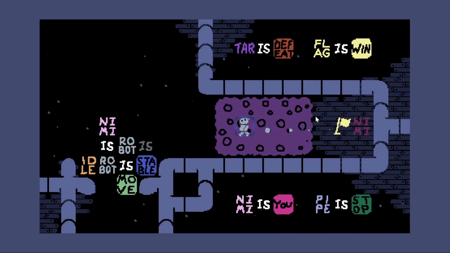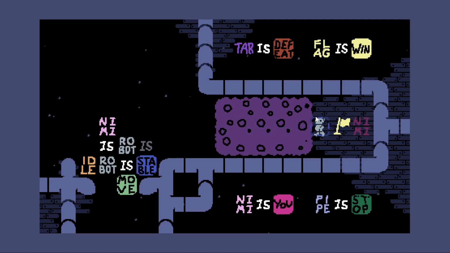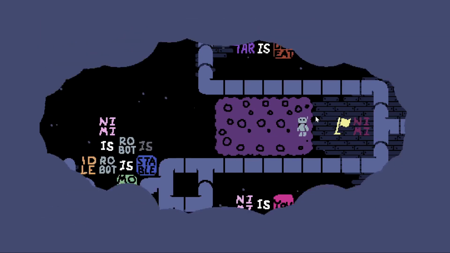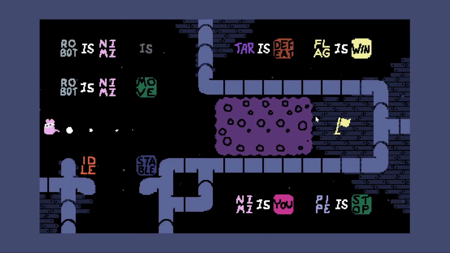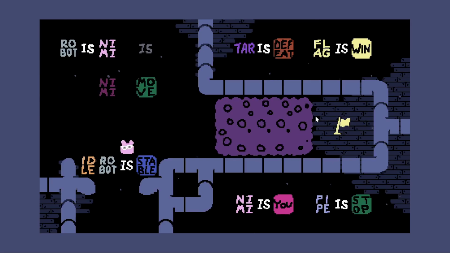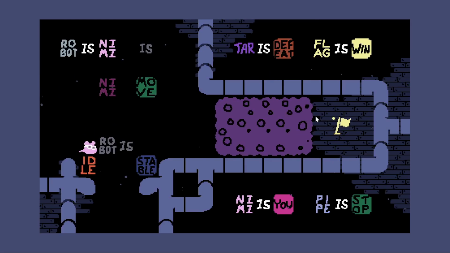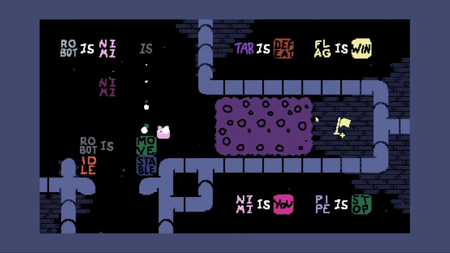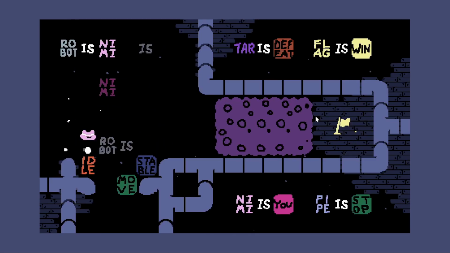Right, and then how do I turn back? Because even if I unidle, there is no statement saying robot is Nimi. Idle robot is stable. Alright, so what was that one thing we toyed with? Something that looks like this, right?